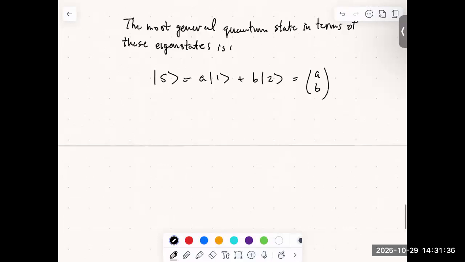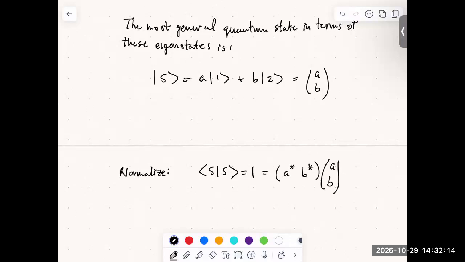All right. So let's normalize this. We require that the inner product of S with itself has to be equal to 1. But expressed as an explicit vector like this, the bra part of the inner product is going to be the transpose and conjugate of S. And then the ket part is just the state itself.